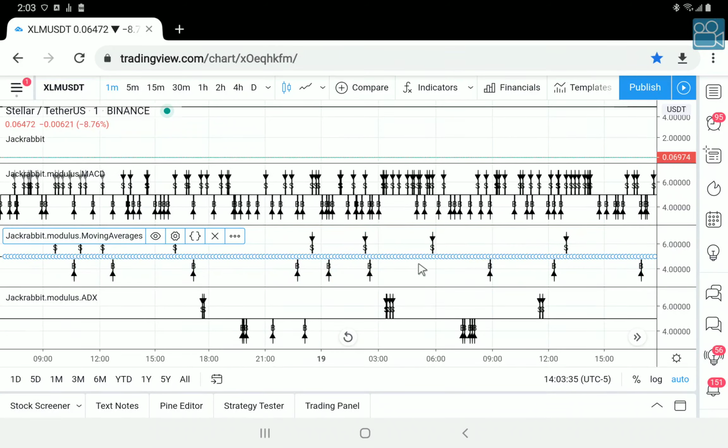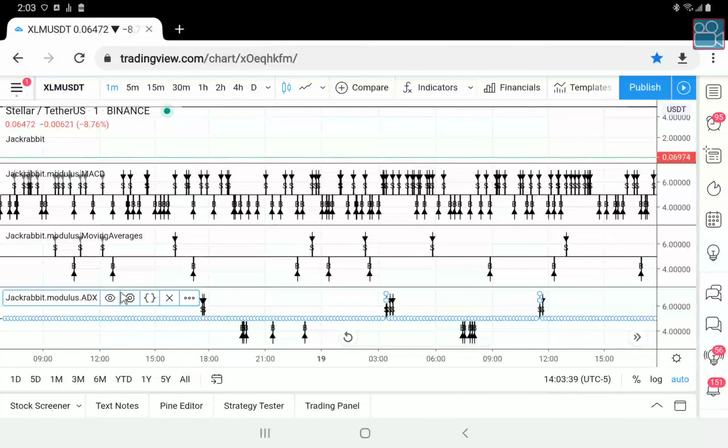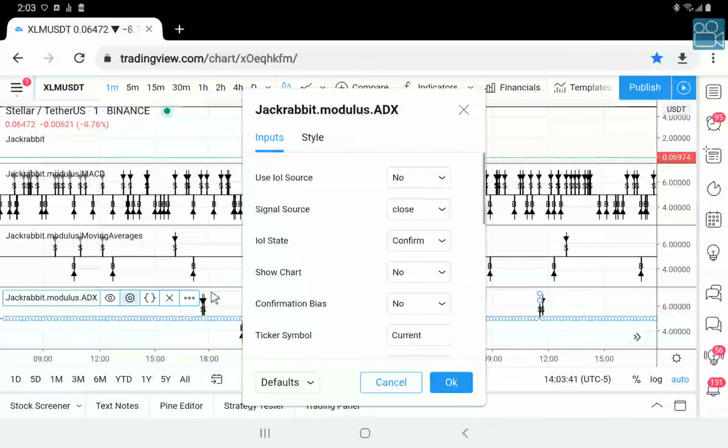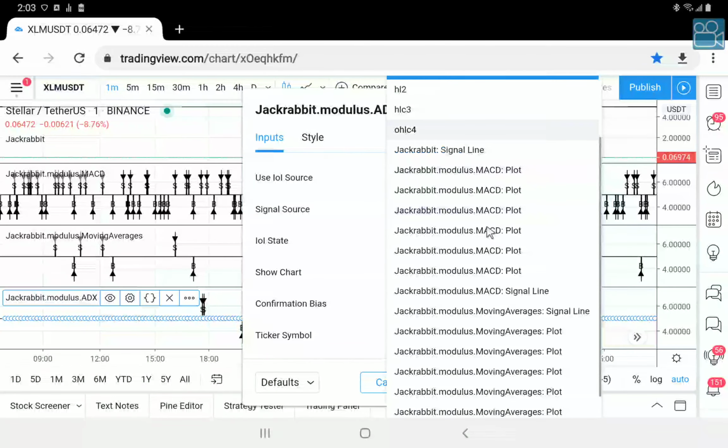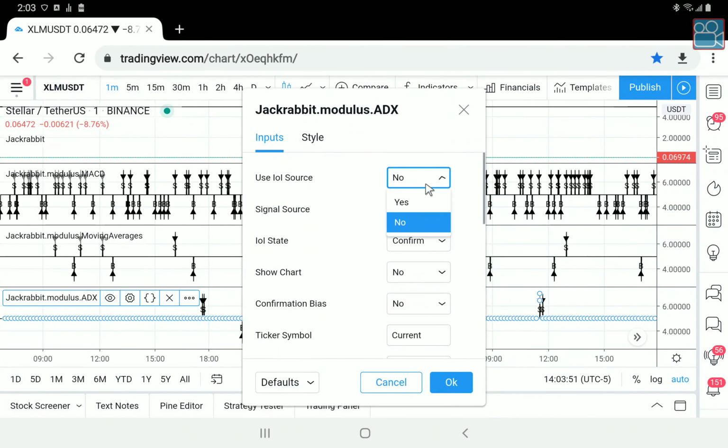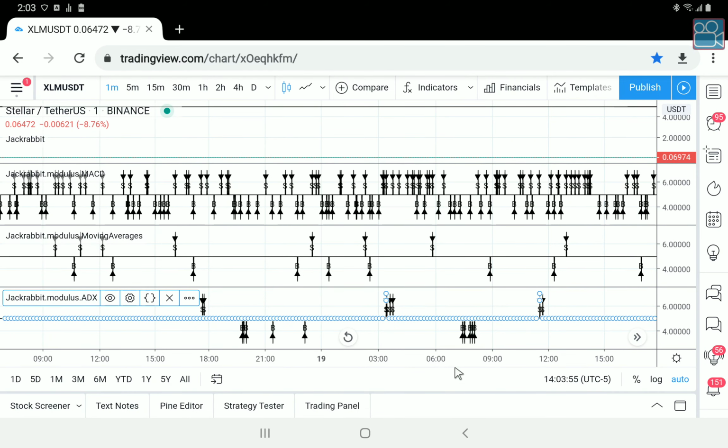Don't link them up until you see how they interact. So now we're going to link up ADX, but we're going to link it up to the moving averages signal line. And we will see what shows up.